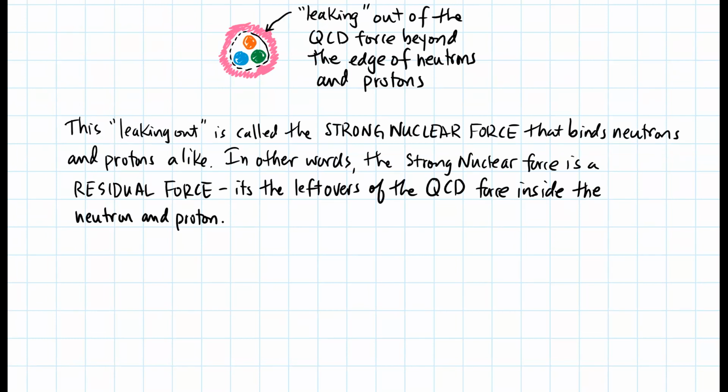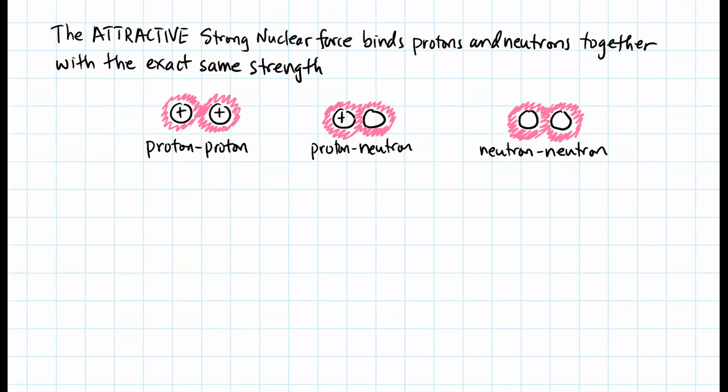It's the leftovers of the QCD force from inside the neutron and proton. The attractive strong nuclear force binds protons and neutrons together with the exact same strength. That is, if I have two protons close enough to each other, then the proton-proton bond is the exact same as the proton-neutron bond, or the neutron-neutron bond.